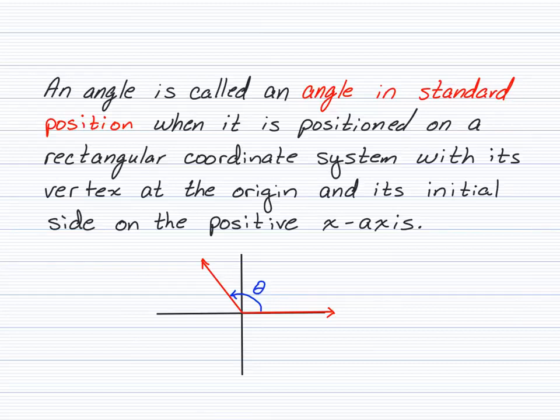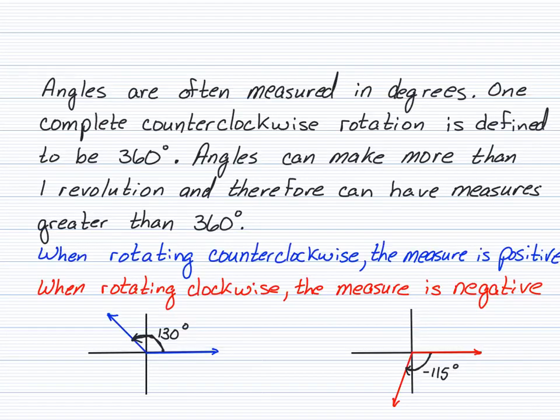So this side right here is going to be called your initial side, and then the side that rotated around is going to be your terminal side. And the angle is in standard position because it is rotated around the origin, and you have one side, your initial side, on the positive x-axis.